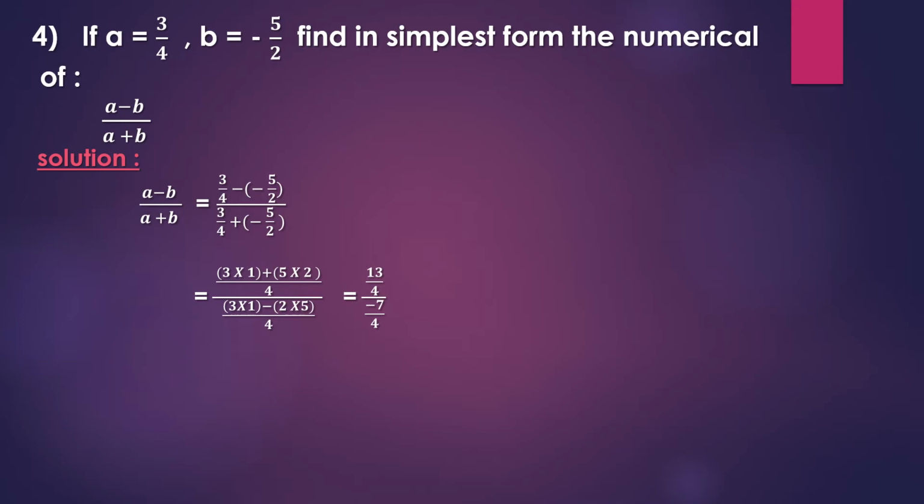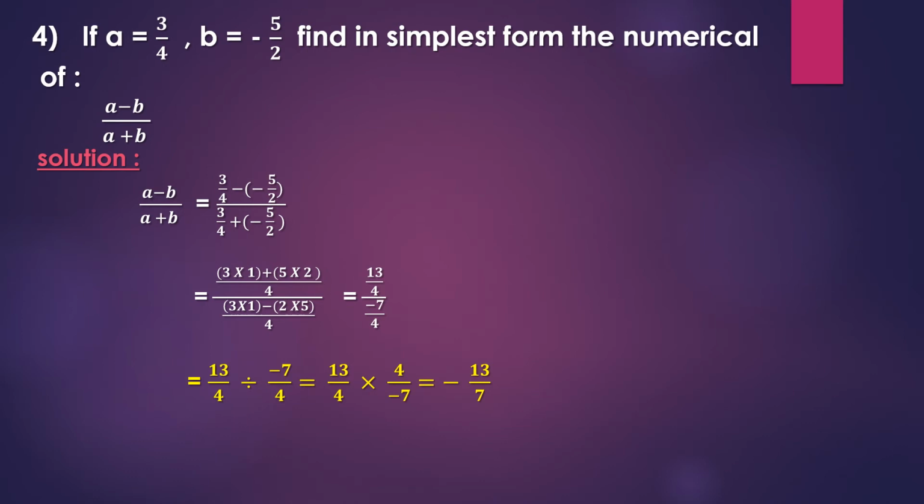The numerator: we studied before in the addition and subtraction operations, having the LCM of the denominators, it will be (3 times 1 plus 5 times 2) over 4, and this is all the numerator, over (3 times 1 minus 2 times 5) over 4, which is equal to 13/4 over negative 7/4, which is equal to 13/4 divided by negative 7/4.